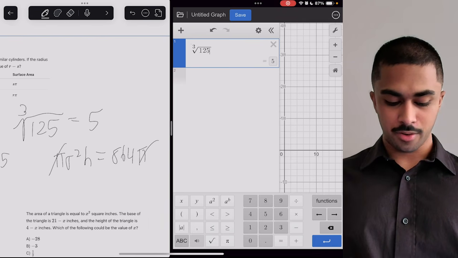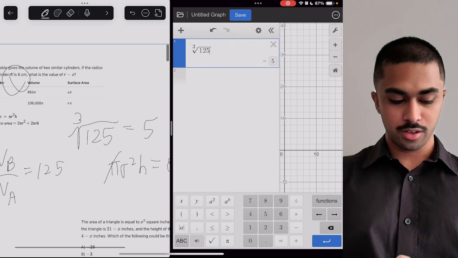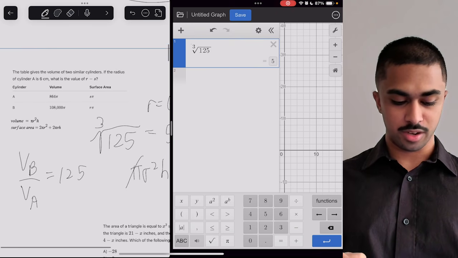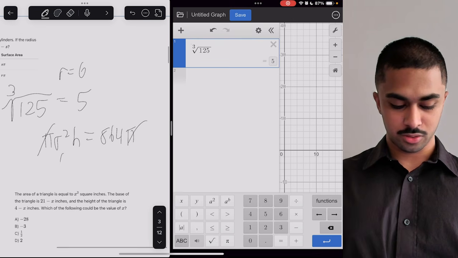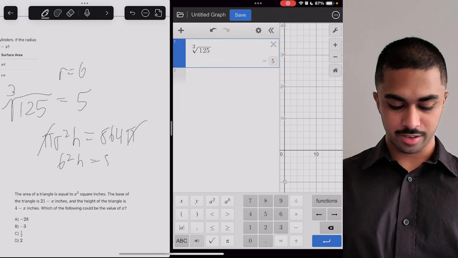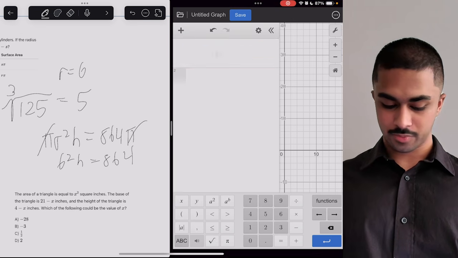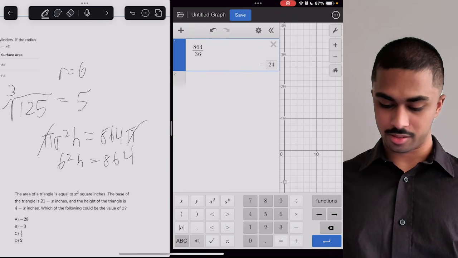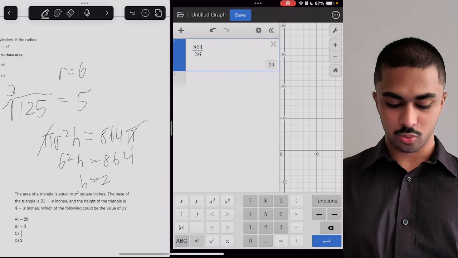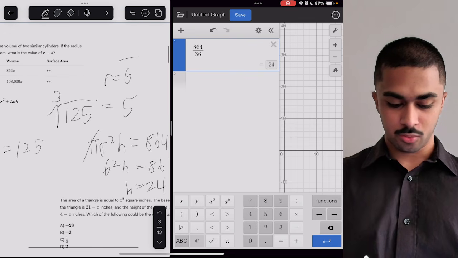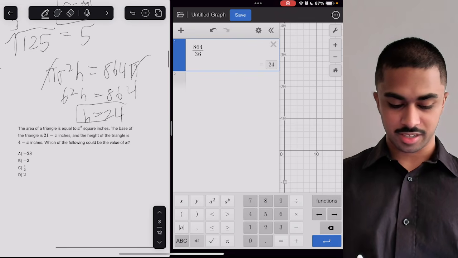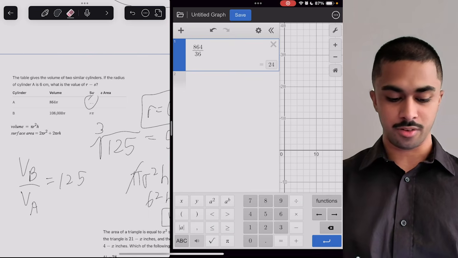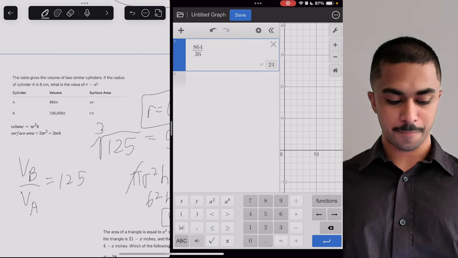Okay, so we can divide pi from both sides. We're given that the radius is 6, because it says that the radius of cylinder A is 6. So 6 squared h equals 864. What is 864 divided by 36? So the height is 24. Now we're given the radius is 6 and the height is 24. We have everything we need to find the surface area of cylinder A.